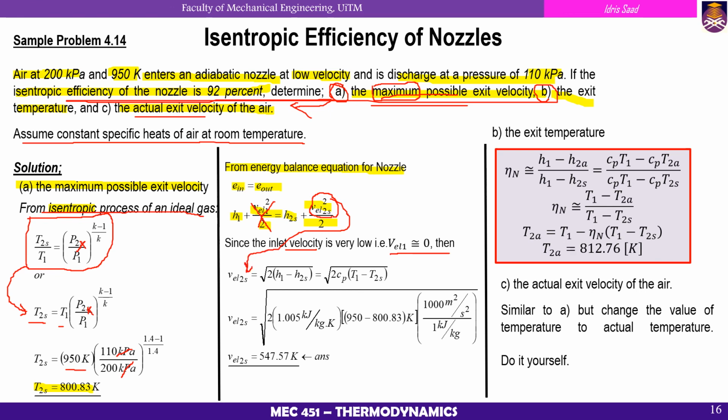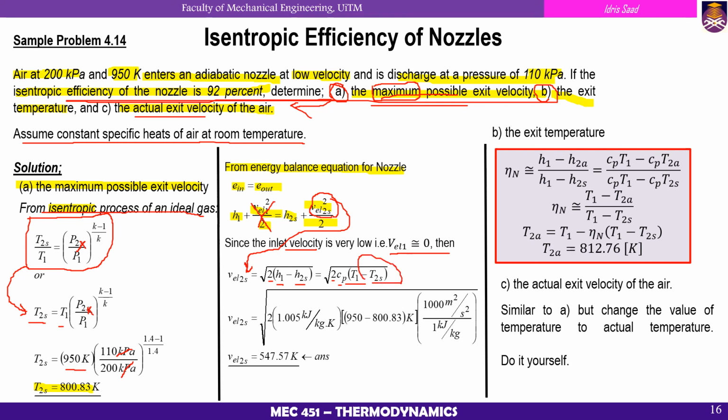Alright, so we can get the power of 2, which is 2 multiplied by H1 minus H2S. We know that for an ideal gas, H is equal to CpT. Then we can get 2 Cp (T1 minus T2S).